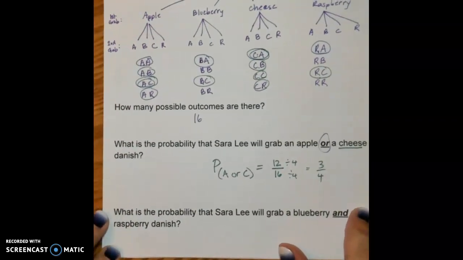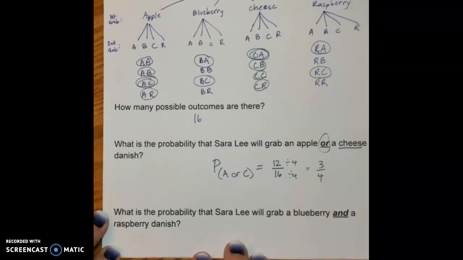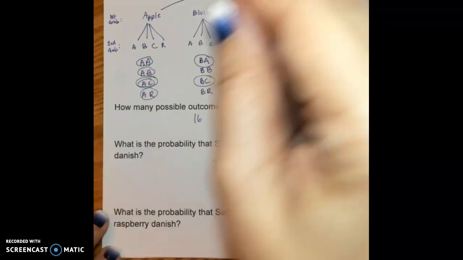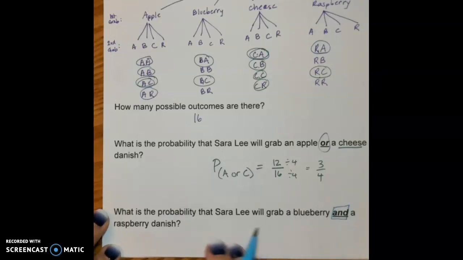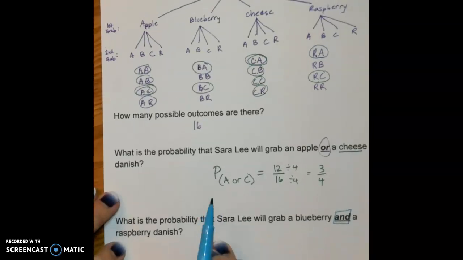All right, we've got one more question that I'm going to throw at you guys, and that is, what is the probability that Sara Lee will grab a blueberry and a raspberry? Okay, so remember that for an and problem, we have to satisfy both of the conditions. So I'm going to circle anything with blueberry in this lovely light blue.